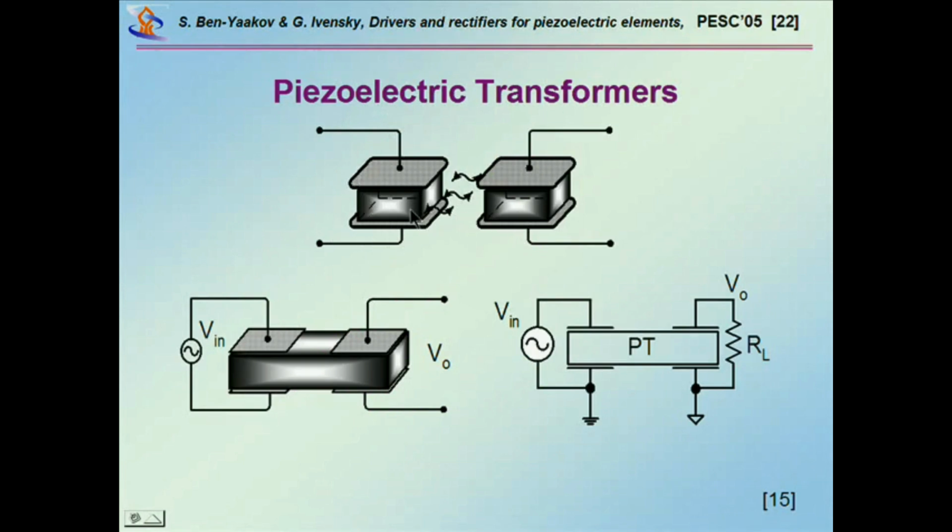It's for remote control, etc. But of course, the best coupling will be when it is one body in which you have an excitation on one side, an acoustic wave that is running through the element, and then this mechanical stress due to the acoustic wave is generating a charge and an electric field, so that from input to output, basically we have here a transformer.